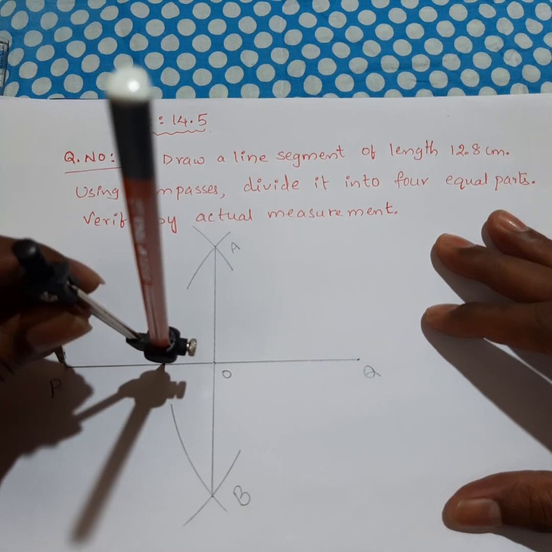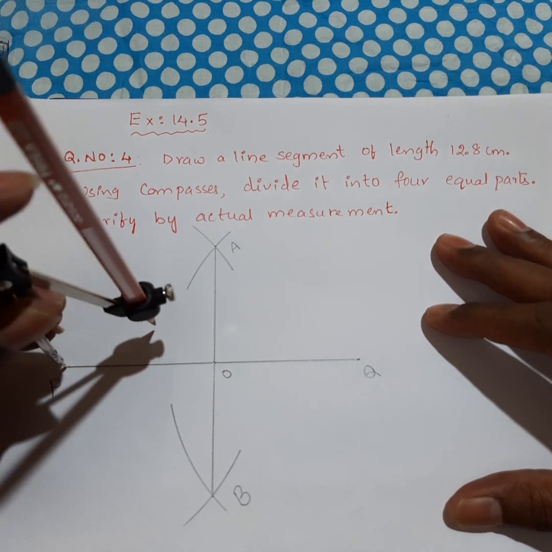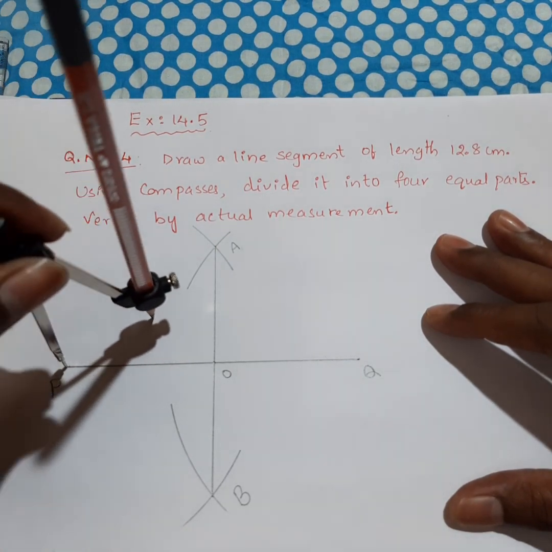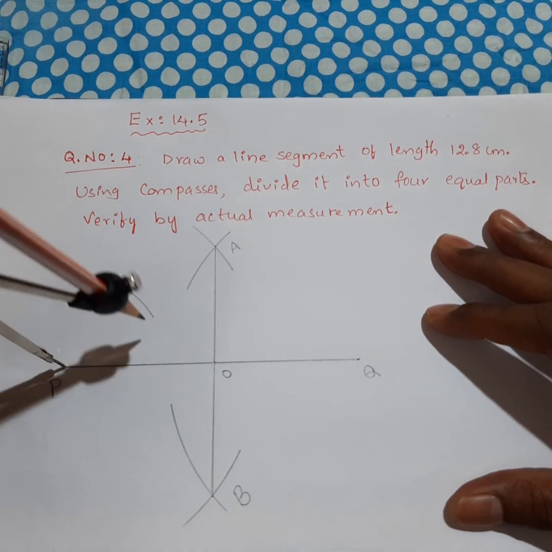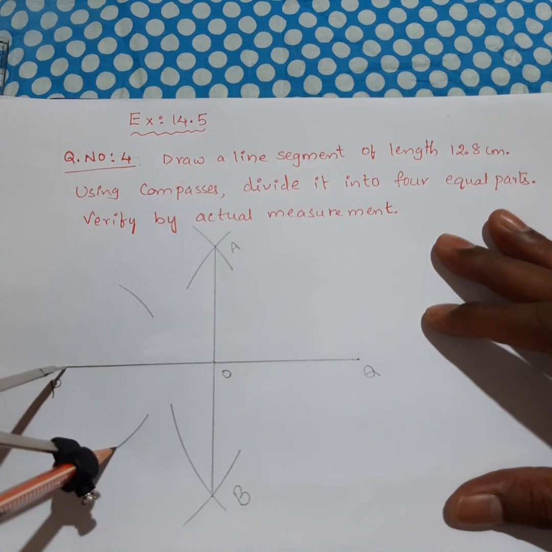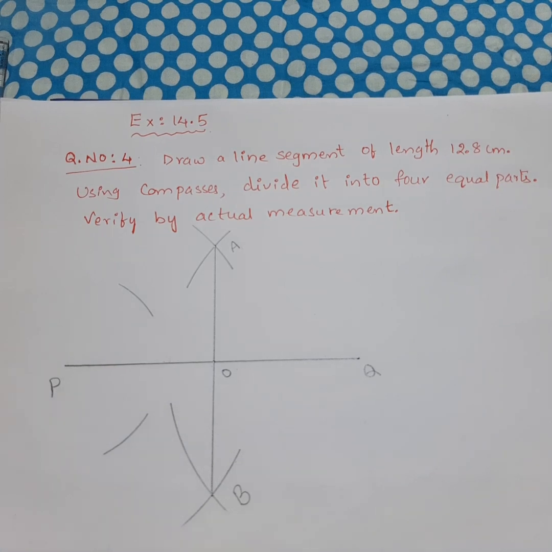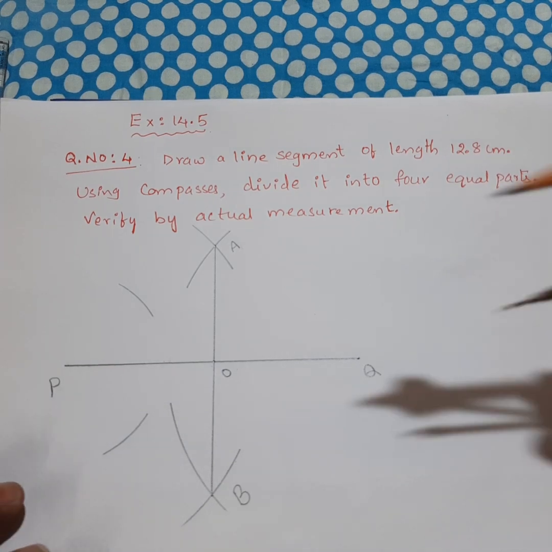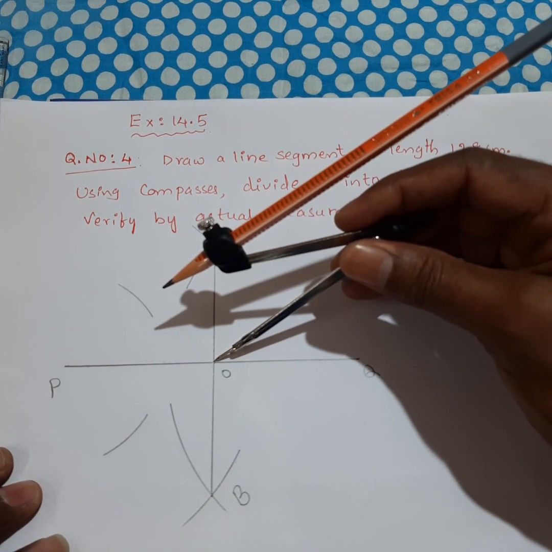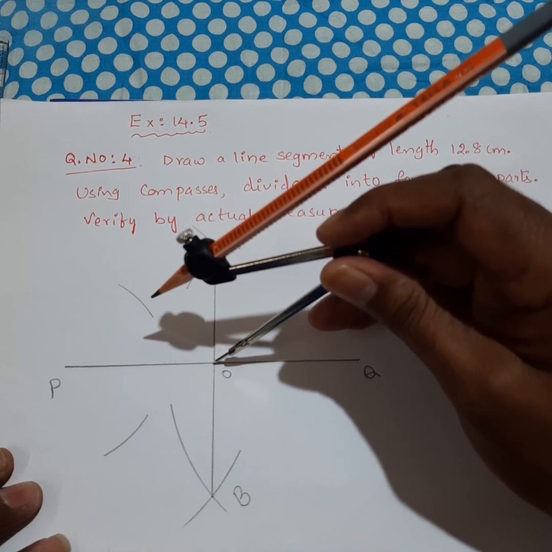See, it is more than half of the length. Clear? Draw one arc above the line segment and one below the line segment. Now, by taking center as O, cut those arcs.